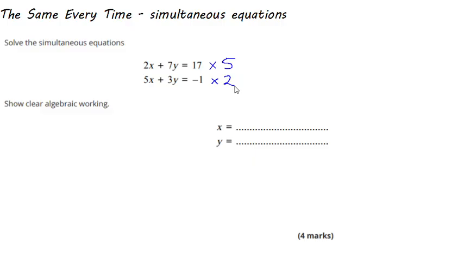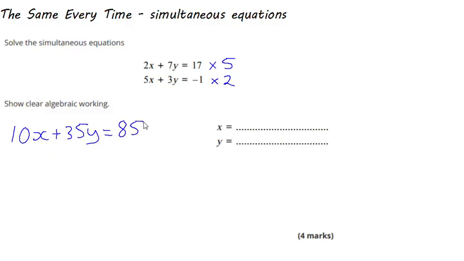So I'm just multiplying along the top by 5. That's going to give me 10x, and then 7 times 5 gives me 35, 35y. Be careful with your signs of these things. So it's 5 times positive 7, which is positive 35, and 17 times 5 is going to be 85. So that's equal to 85.